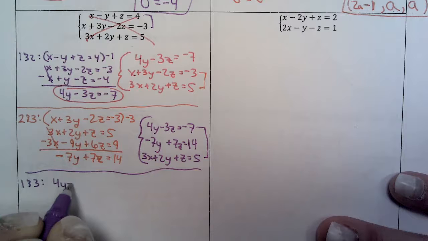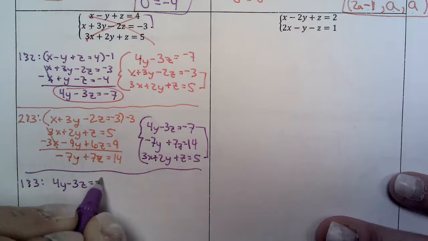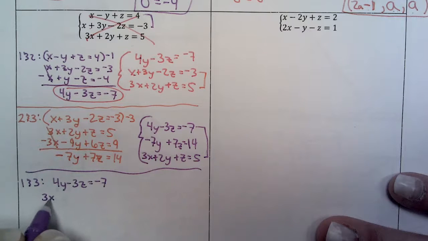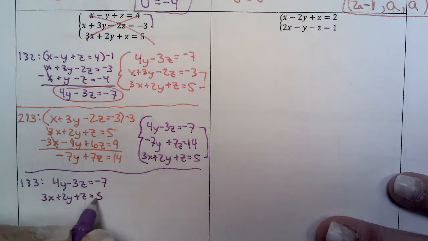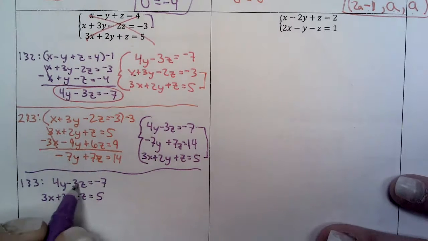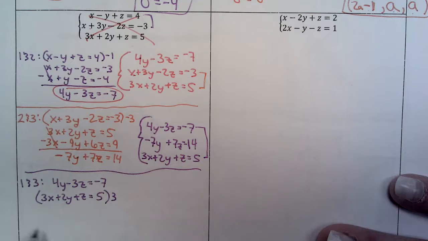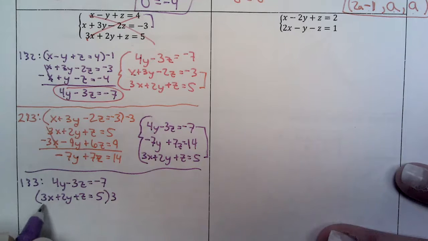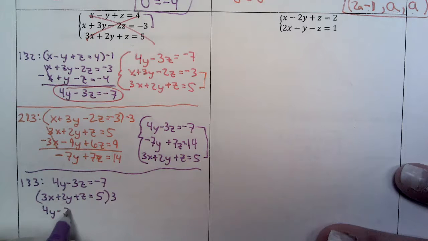Right, so I have 4y minus 3z equals -7. And I have 3x plus 2y plus z equals 5. So in this case, it looks like it'll probably be easiest to get rid of the z's. So I'm going to multiply this by 3. And so now I get, I'm just going to rewrite the top one so that I can combine them easily in a minute.